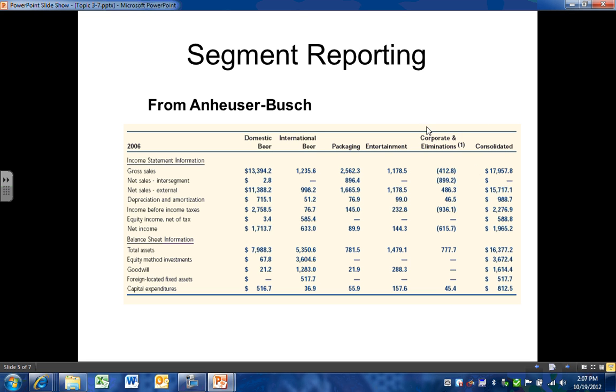This will be a key focus in your advanced accounting class. So not every element of the financial statements is presented, only the ones that the company feels is important for the users to focus on.